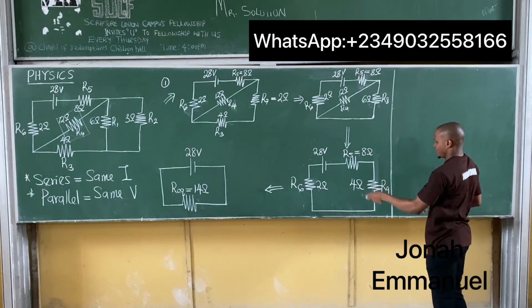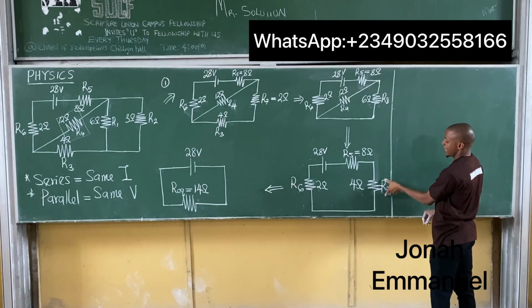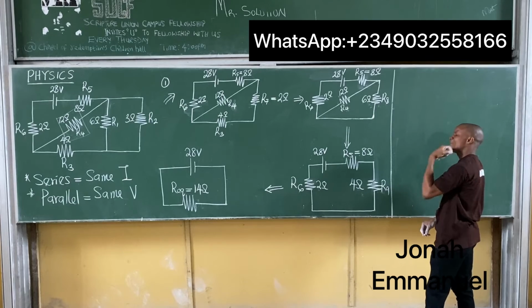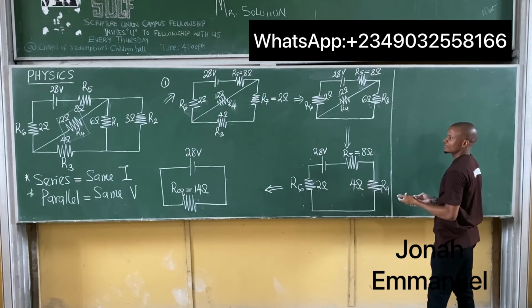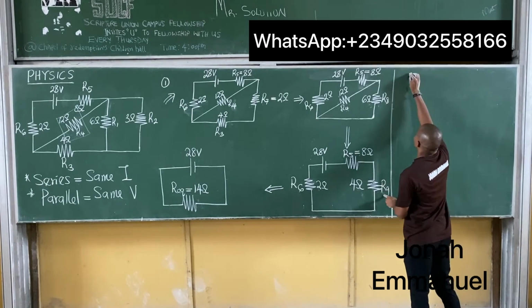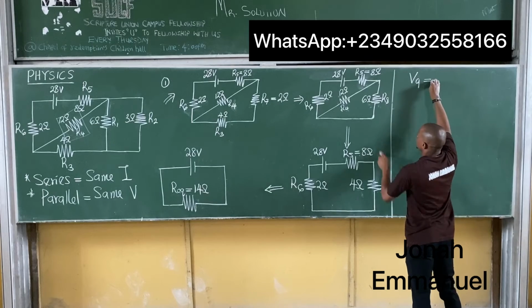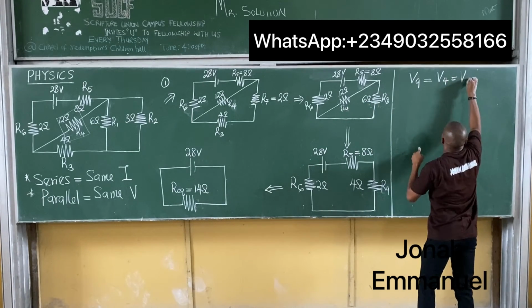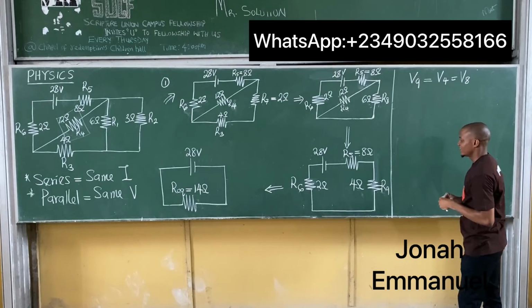So since I got R9 by connecting R4 and R8 in parallel, the voltages across them are the same. So it means that V9 is equal to V4 is equal to V8. Let's get the value of V9.